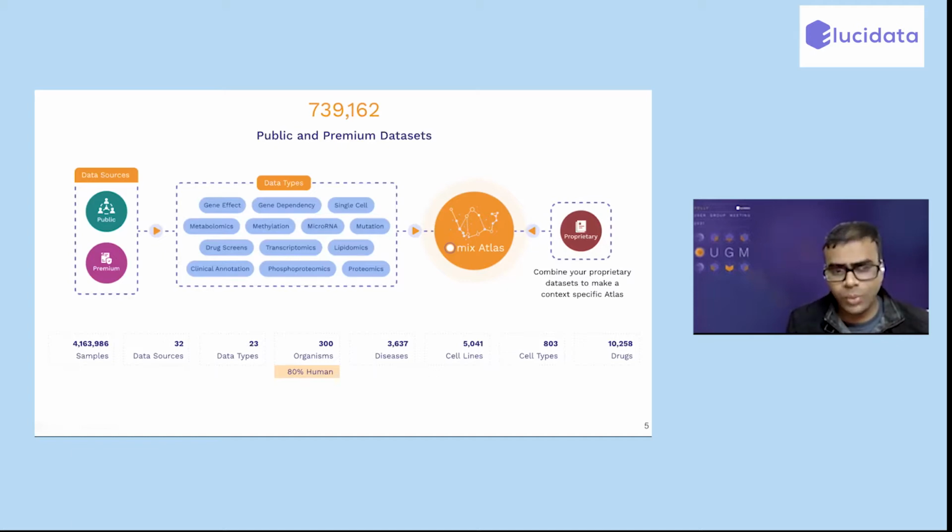And we have around 4.1 million samples with around 23 data types as well as 32 data sources, and all of this is curated to a certain fair benchmark level on Poly. So that's what we mean when we say curation at scale.